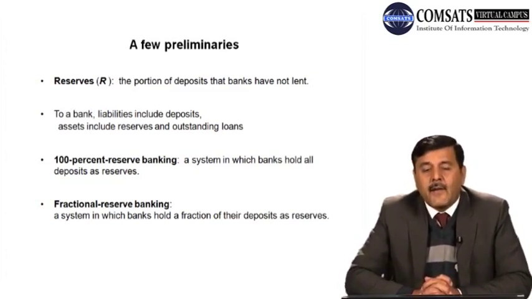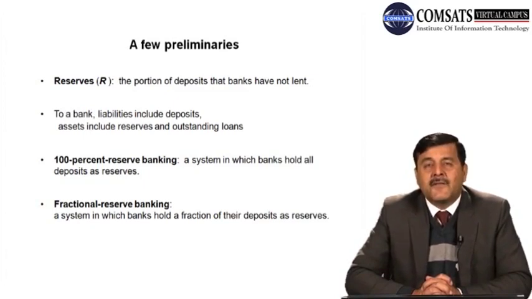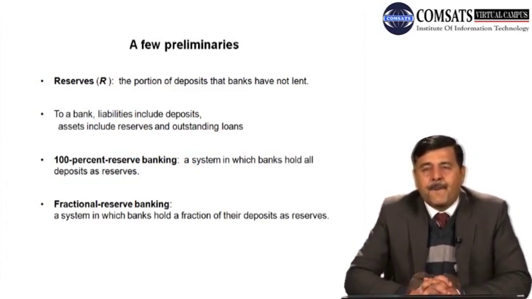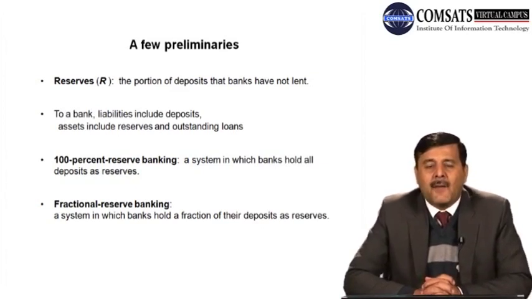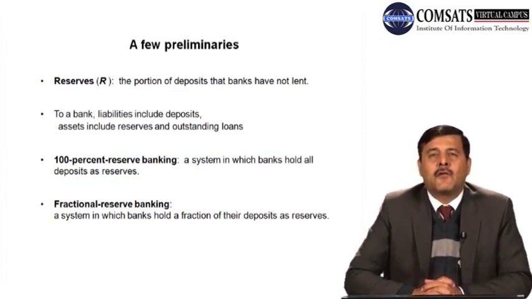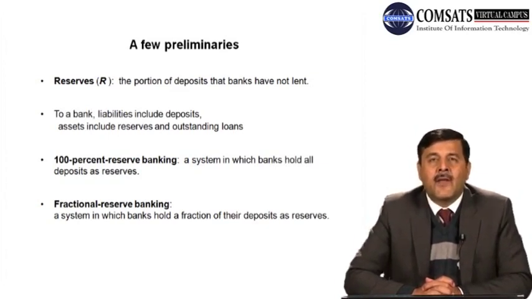To a bank, liabilities include deposits, and assets include reserves and outstanding loans. Now if we talk about a particular bank, on one side the bank has liabilities, on the other side it has assets. What do we mean by liabilities? Liabilities of the bank include all kinds of deposits with the bank. Assets include the reserves with the bank plus loans that the bank has extended to the people in the economy, right?